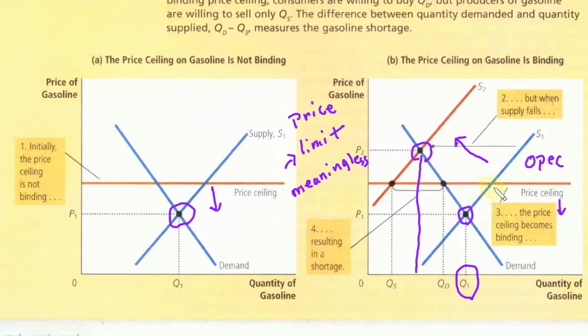Actually, as the supply line moves to the left because of the reduction of supply, the price would increase up to P2. But owing to this price ceiling, P2 cannot be charged by the supplier, because the government restricts it, right?